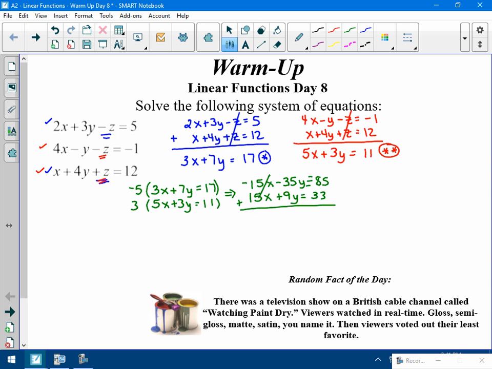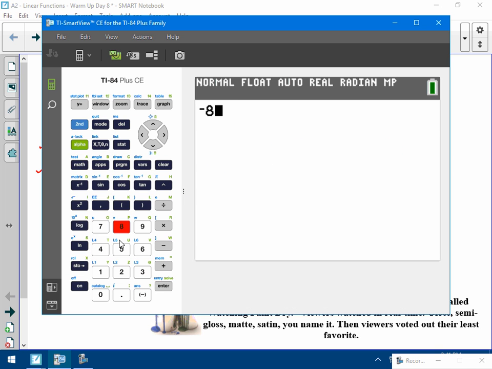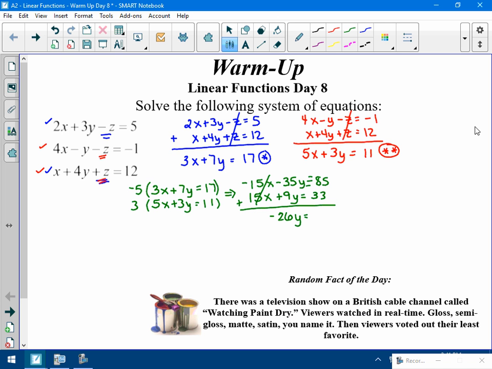Add those together, x's are gone. -35y plus 9y is a -26y. I've got to do -85 minus 33. I don't want to mess up, so -85 plus 33. It's a -52. Solving for y, divided by -26, we get y equals 2. So there's my y value.